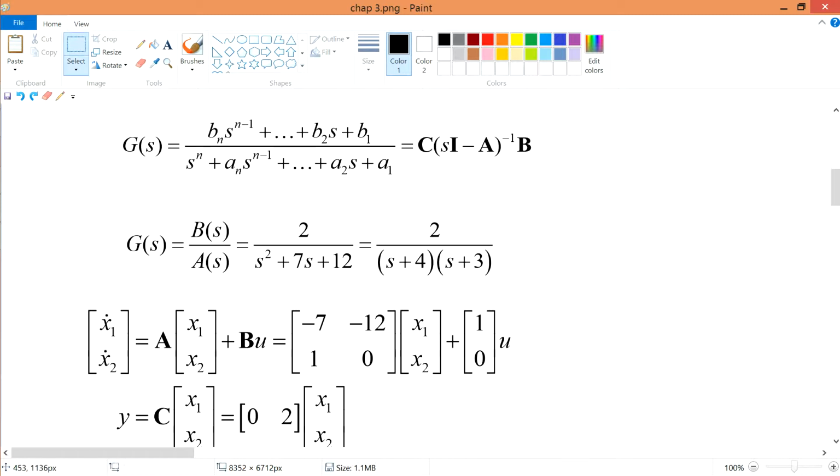In our case, this general equation is simply what? It's simply only b1. Why do I say only b1? Because it's only s to the power of 0. So this is s to the power of 0, this is s to the power of 1, and so on and so forth, s to the power of 2, etc., to s to the power of n minus 1. I'll not go into details of those, but in this case, we are talking about only b1.